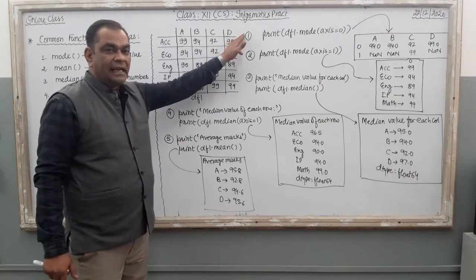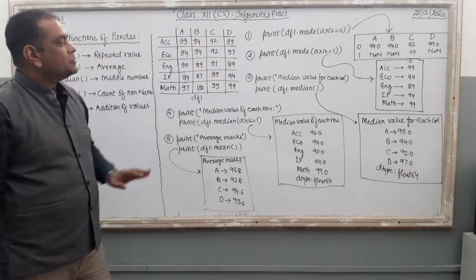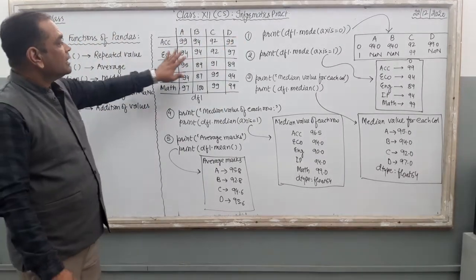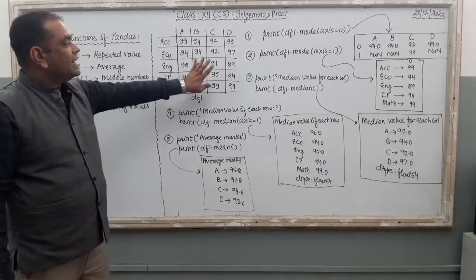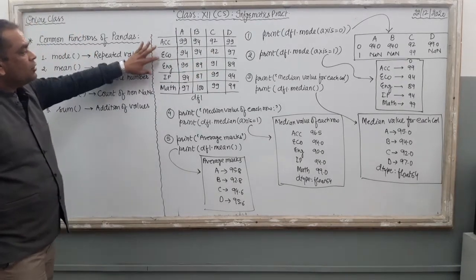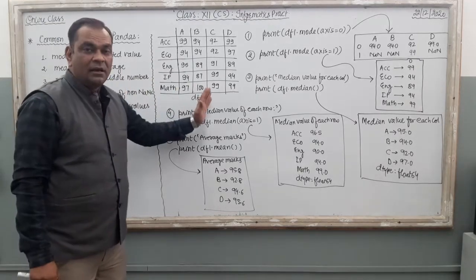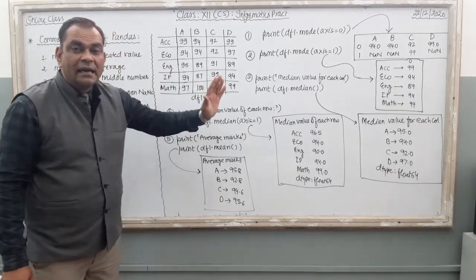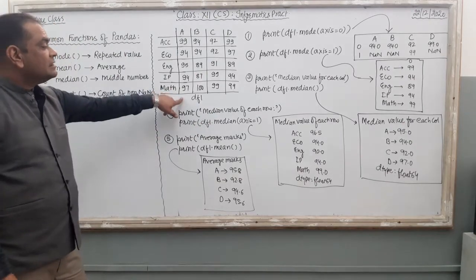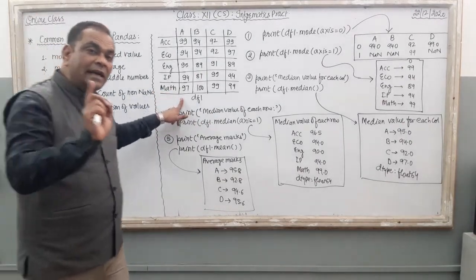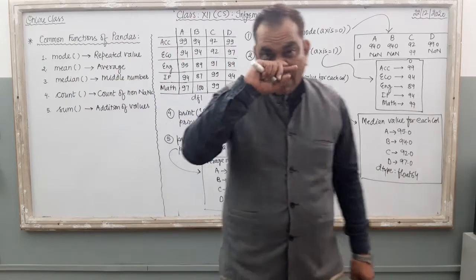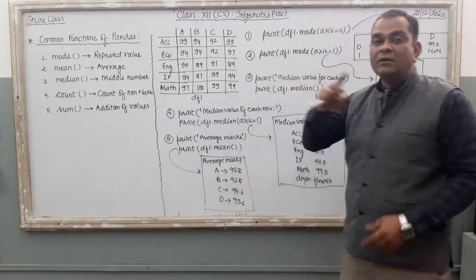A, B, C, D are the column names. The data frame contains 4 columns and 5 different rows. The digits are non-decimal values, so the data frame contains integer values.